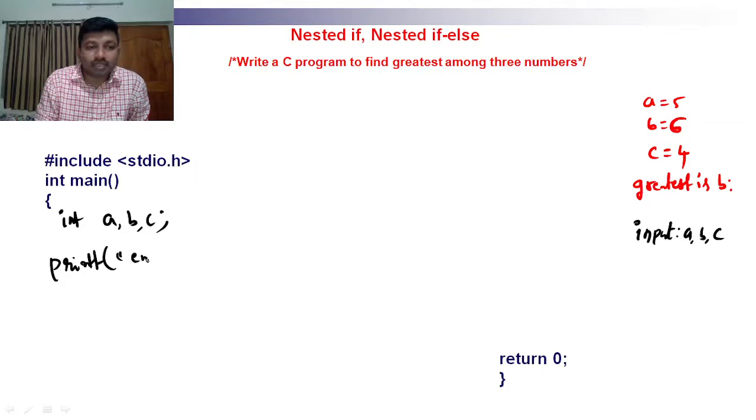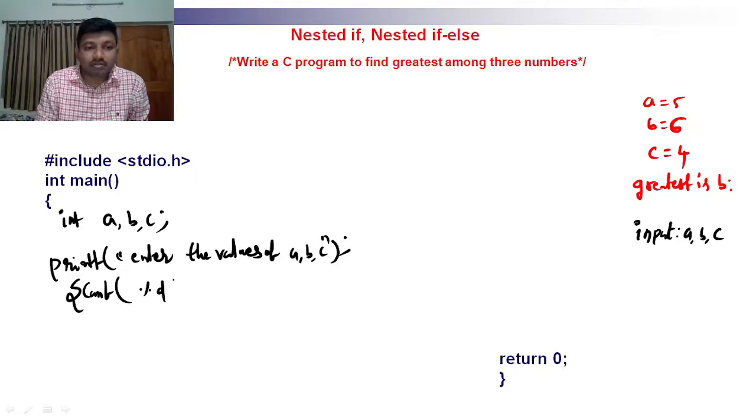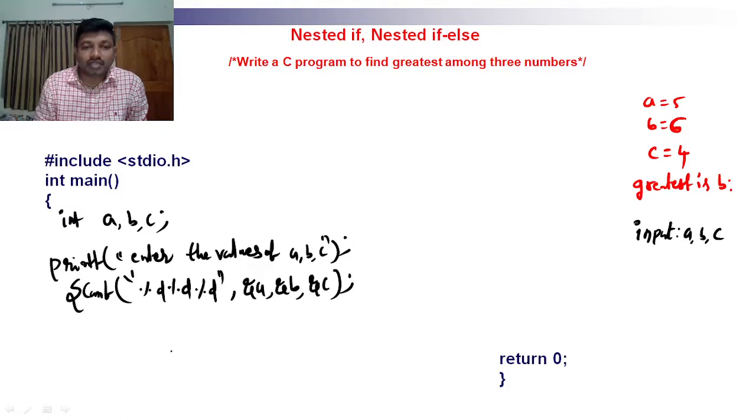Printf, enter the values of a, b, c. Am I right? So let me scan it. These are three integers, so three percentile d's. Ampersand a, ampersand b, ampersand c, dropping in the memory of the a, b, c variables.